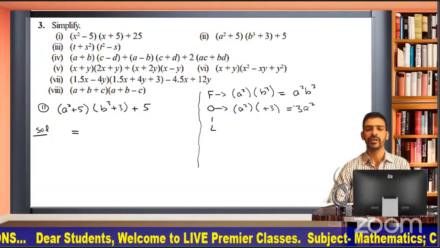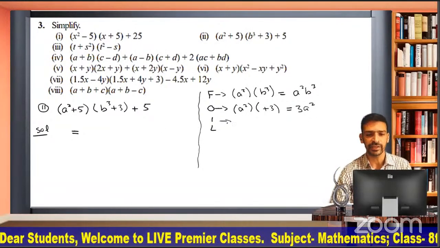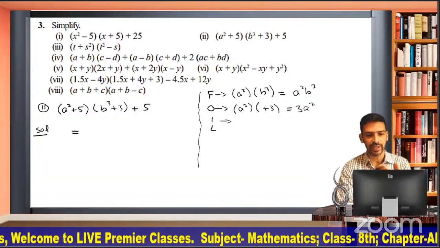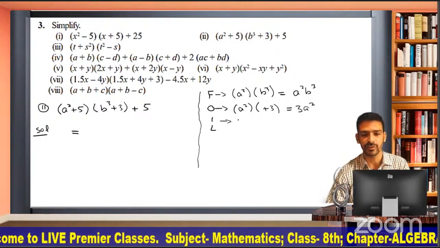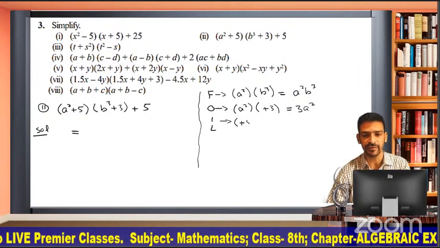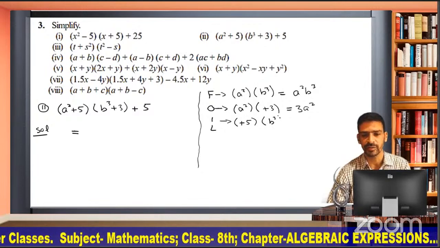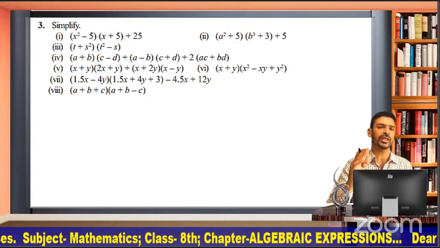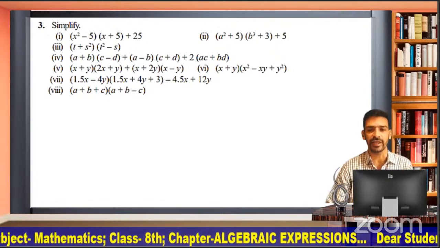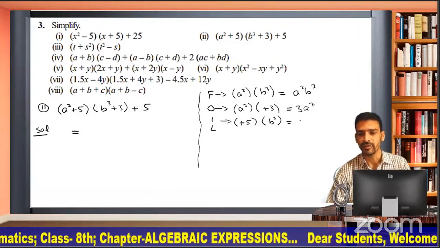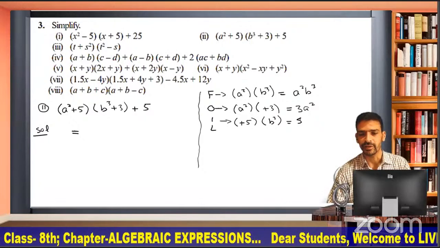And we have inner terms. Now the inner terms, that is plus 5 and b cube. You see, that is plus 5 and it is actually plus b cube. We only need to be careful when we have negative signs. 5 into b cube is equal to 5b cube.